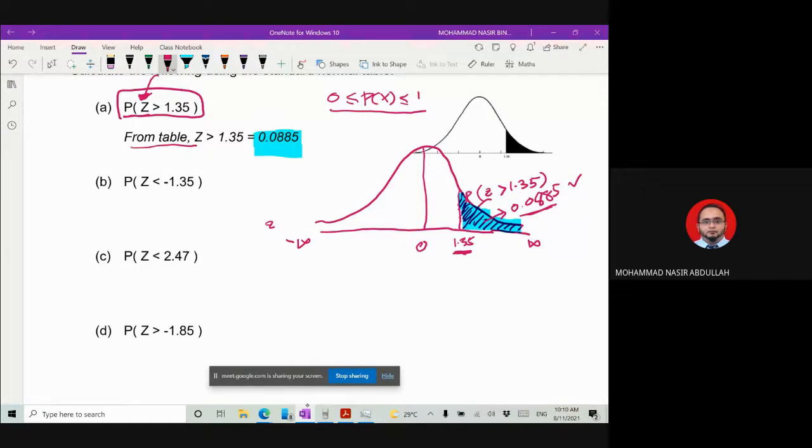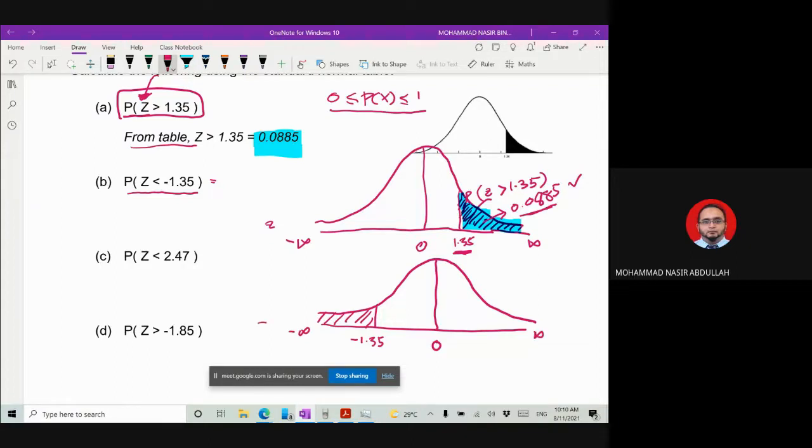So if you want to find the value of probability Z less than negative 1.35, it's the same method, right? So we want to find the area to the left of negative 1.35. This is the Z value, negative infinity to infinity. This is Z. So we know from prior knowledge, the area on the right hand side is equal to the area on the left hand side.